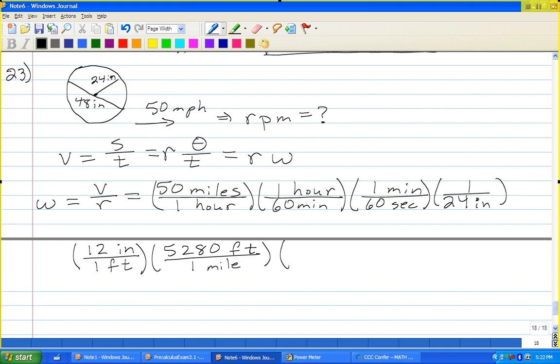And so this gives you the number of radians per second. But there are 2 pi radians in 1 revolution. Okay, so now got to multiply all this together.